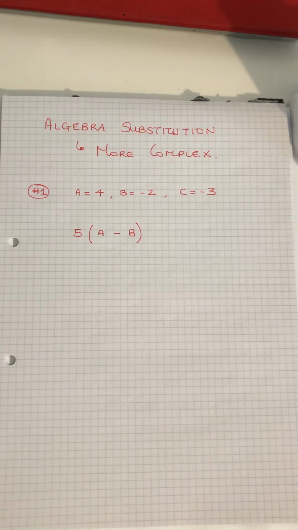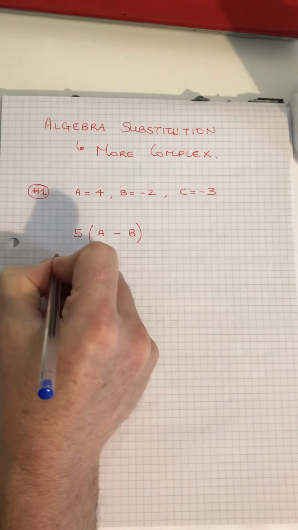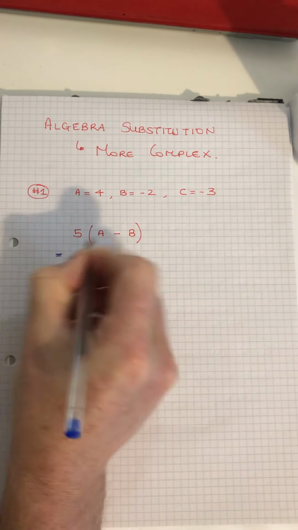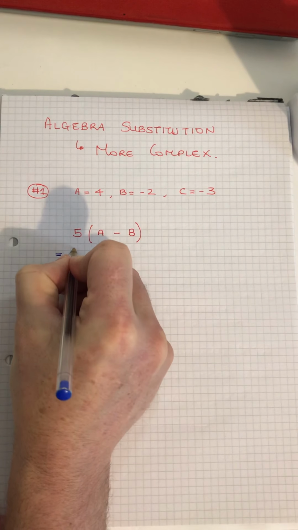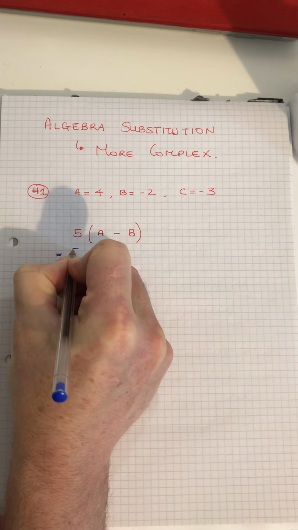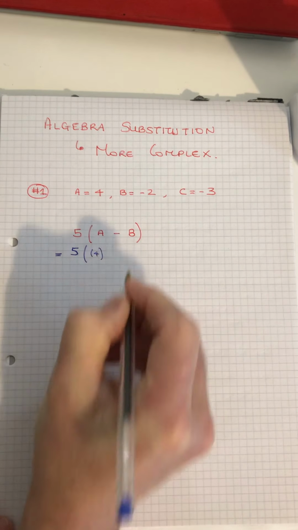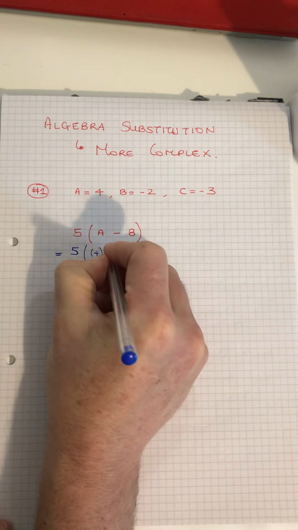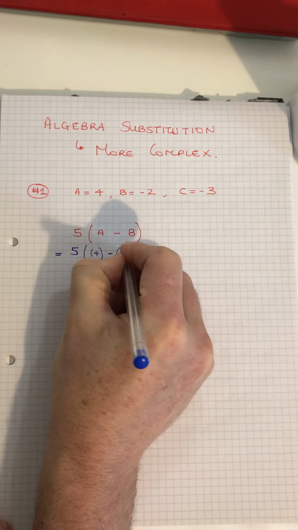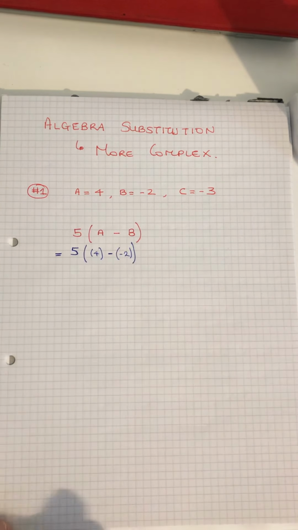Okay, so in this case, brackets mean multiply, so it will be 5, and in brackets A is 4, in small brackets maybe if you like, minus, and B is minus 2.